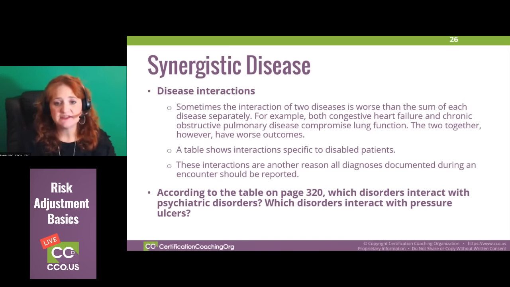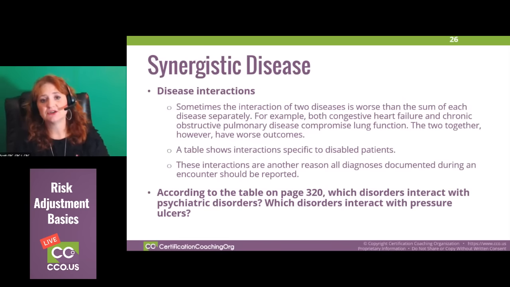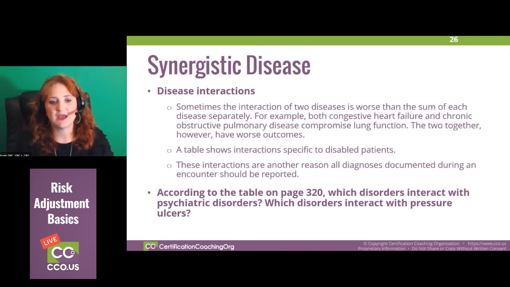It's bad enough to have CHF, but if you have CHF and COPD, the lungs are not providing a proper amount of oxygen, and the heart is already compromised. You already have types of heart failure. So the outcome for that person, those two different diseases truly interact with each other, and you need to understand that in the disease process.